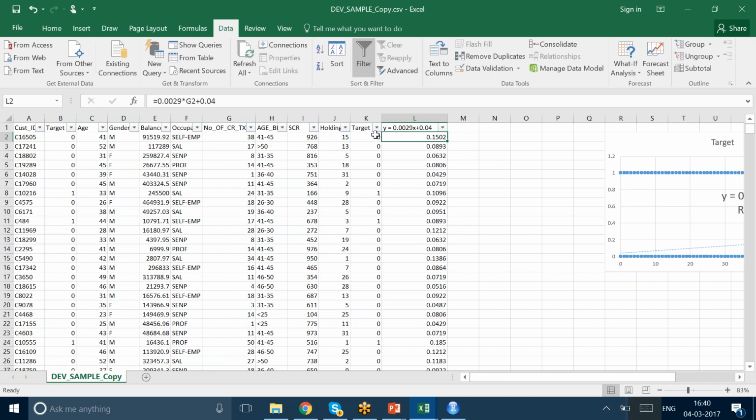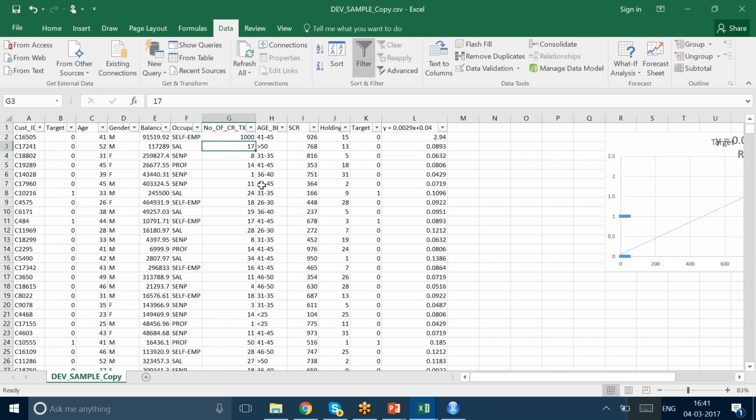But assume this value, number of credit transactions, is quite big, say 1000, just for the sake of argument. In that case, with this linear equation, my value of y can go beyond 1.